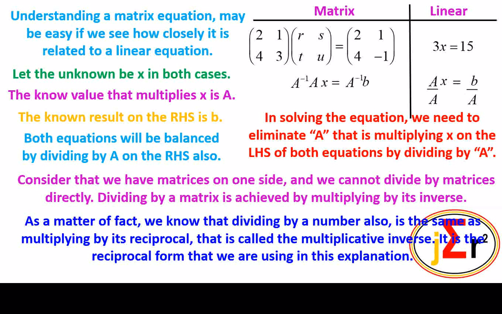Therefore, dividing by any number is achieved by multiplying by its reciprocal. Multiplying by a multiplicative inverse is not limited to matrix division. We also do the same when we are dividing numbers regularly.